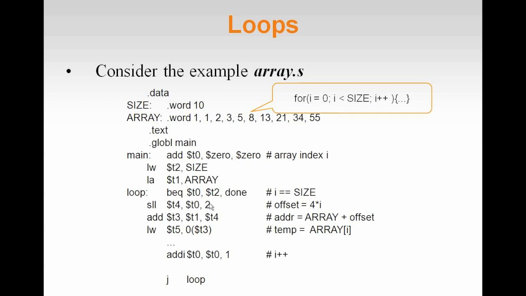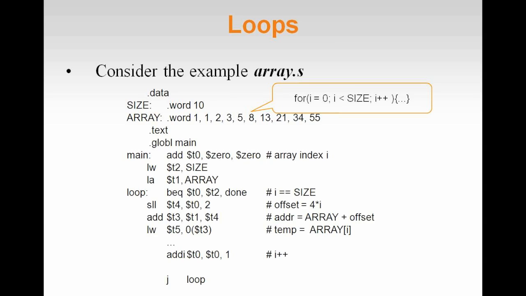What this instruction does is shift the index stored in T0 by 2 bits to the left, and that is equivalent to multiplying it by 4. Now remember that shifting left once is equivalent to multiplying by 2, so shifting left twice naturally implies that it's equivalent to multiplying by 4.